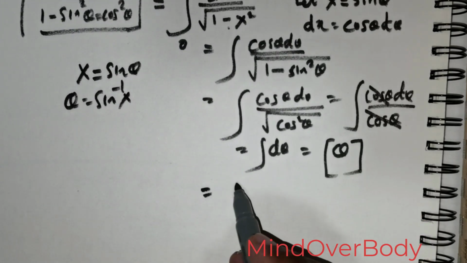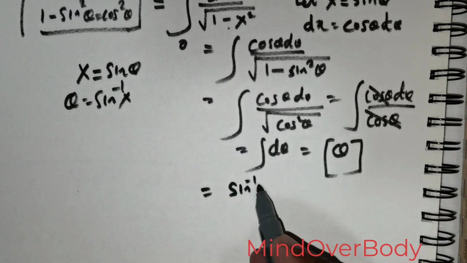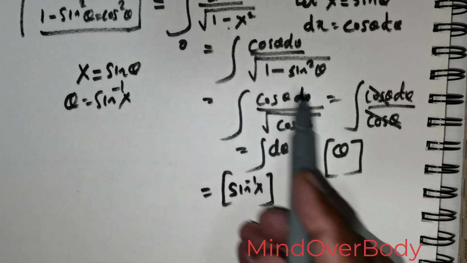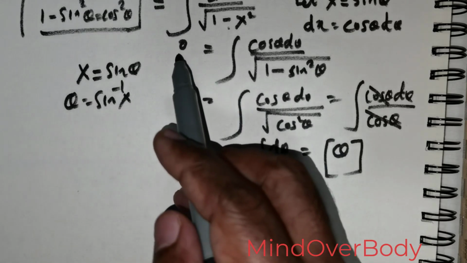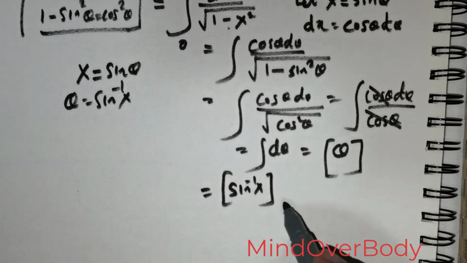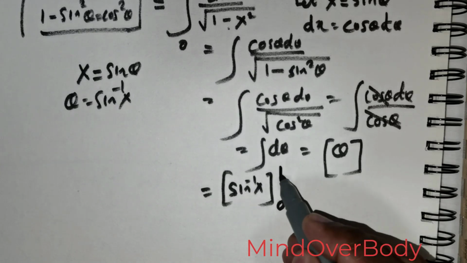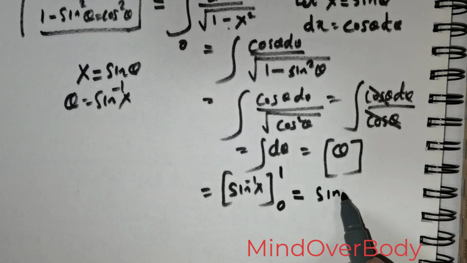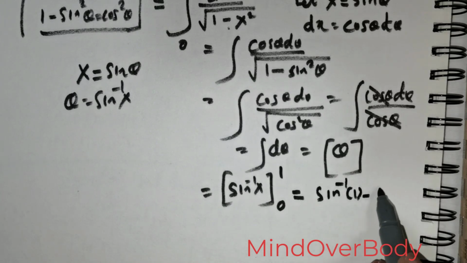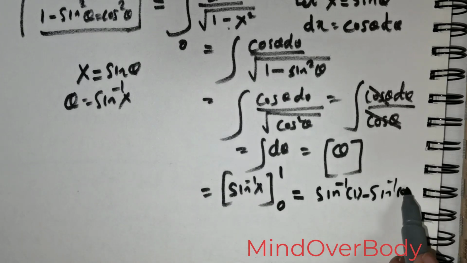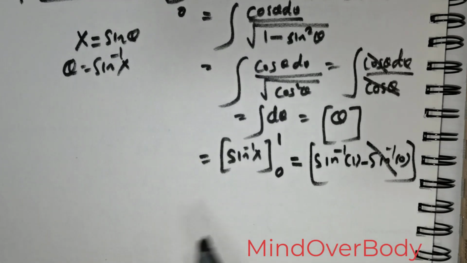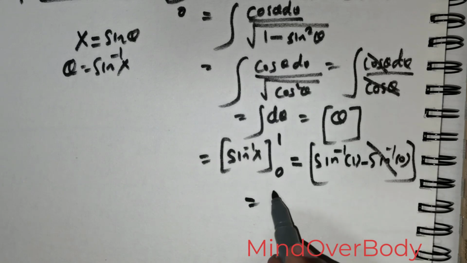Since I have not changed the limits, I can simply place the limits 0 to 1. Substituting the upper limit, we get sine inverse of 1 minus sine inverse of 0. Sine inverse of 0 is 0, and sine inverse of 1 is pi over 2.